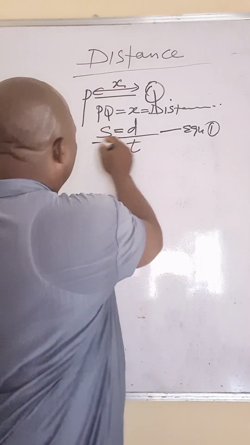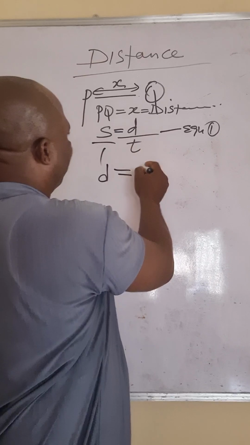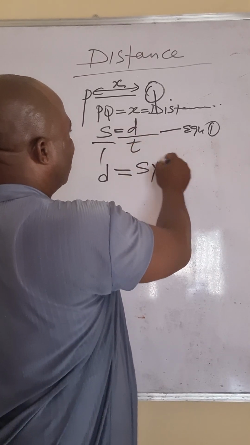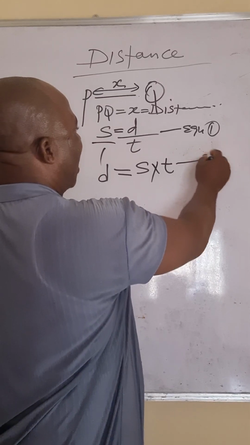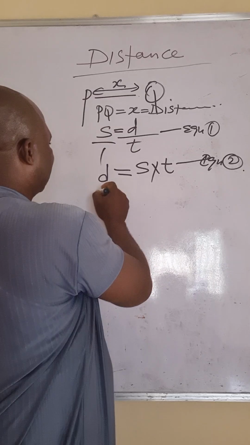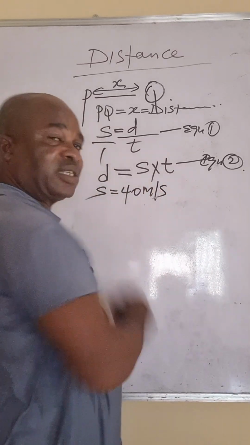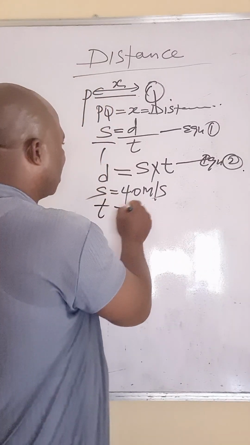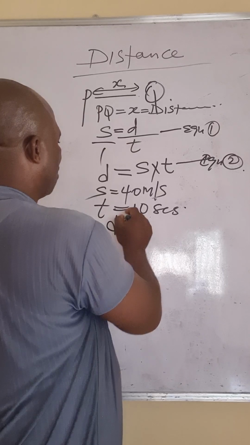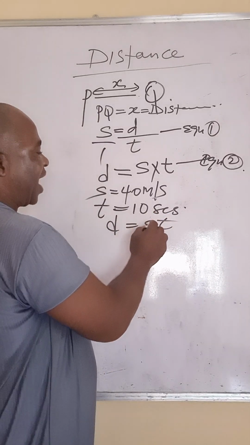By change of subject of the formula, we have that D is equal to the product of speed in meters per second times time in seconds. We call it our equation 2. Therefore, since the speed of the body S is 40 meters per second and time T is 10 seconds, applying this equation, D is equal to speed multiplied by time.